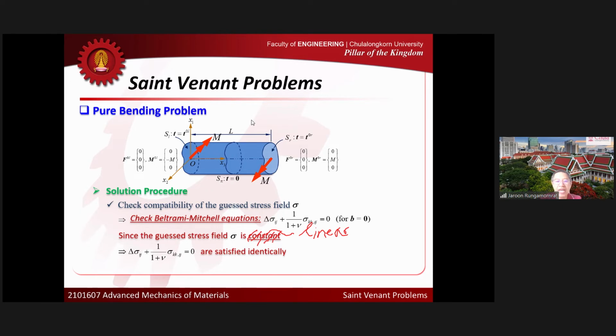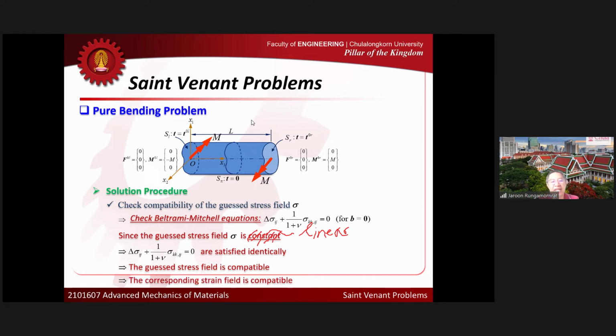Okay, so what I can conclude here, based on checking equilibrium and the Beltrami-Mitchell equation, is that I cannot get the value of C, because the two conditions are satisfied automatically. Once we confirm that the Beltrami-Mitchell equation is satisfied, we can say that the guessed stress field is compatible.